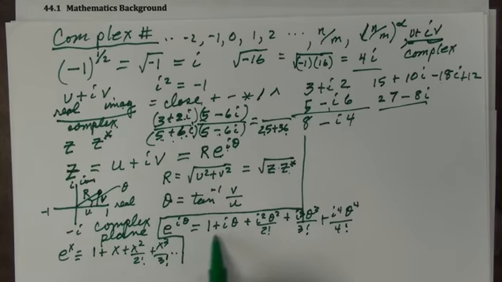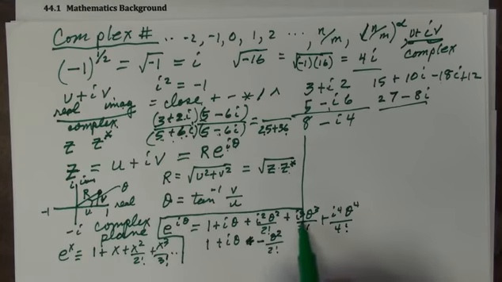And it turns out that we can take these and simplify them, and when we do, we end up with 1 plus i times theta plus, now i squared is a minus 1, so this becomes minus theta squared over 2 factorial. i cubed is i times i squared, so it's minus i. So this is minus i times theta cubed over 3 factorial. i to the fourth is going to be i squared, which is minus 1, multiplied by itself, so it's plus 1.